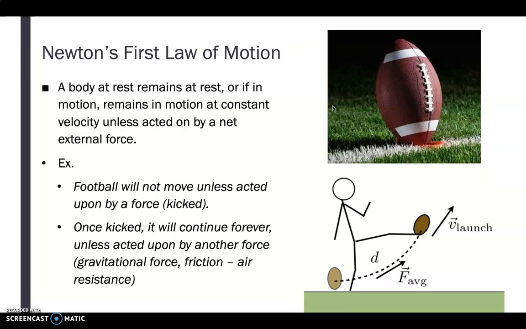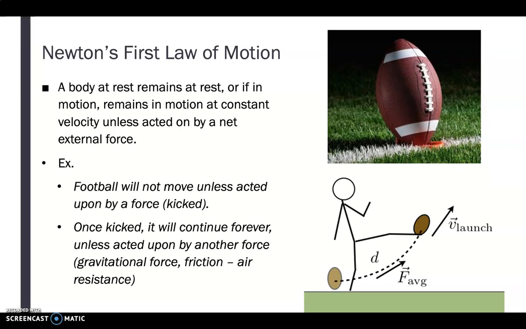All right. So Newton's first law of motion is the idea that a body at rest remains at rest, or if it's in motion, it remains in motion at a constant velocity unless it's acted on by a net external force. An example of this would be a football sitting on a tee.